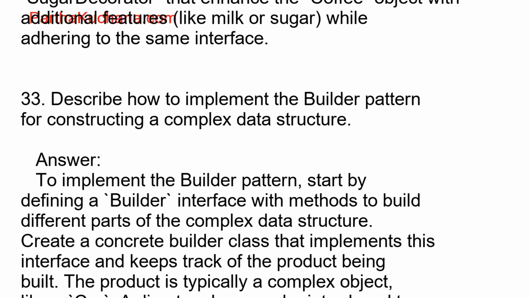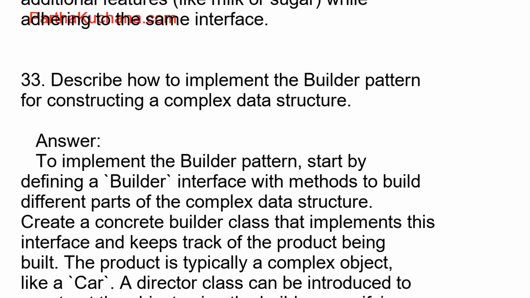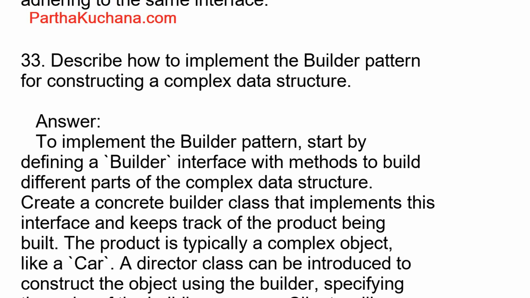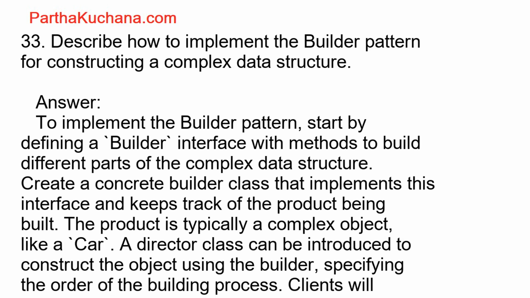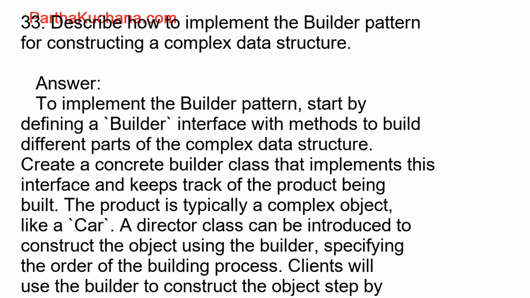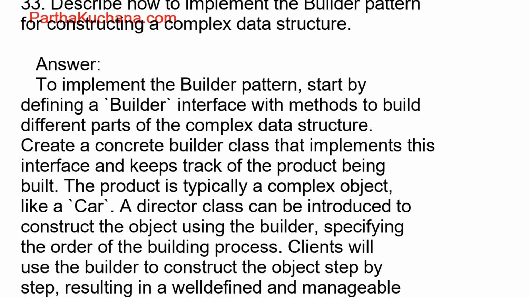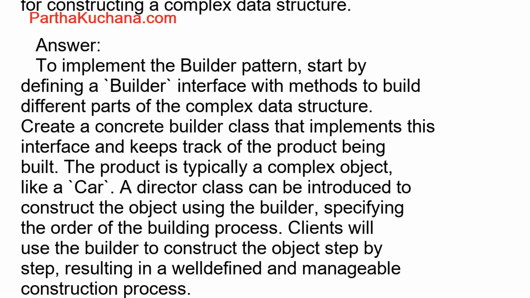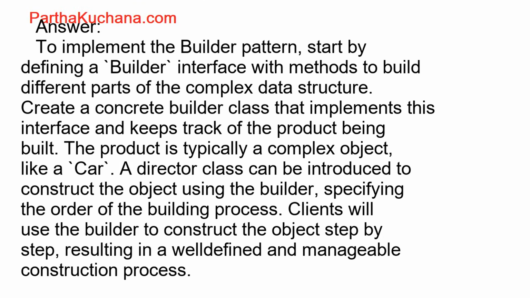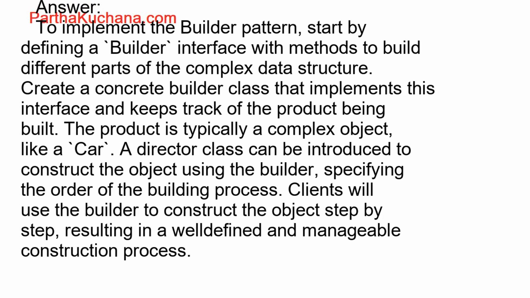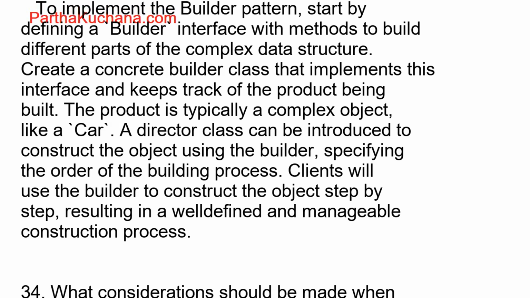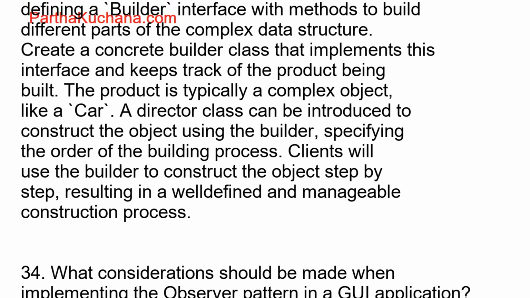34. What considerations should be made when implementing the observer pattern in a GUI application? Answer. When implementing the observer pattern in a GUI application, consider the following. Event management. Ensure that observers can efficiently handle events without causing UI lag. Use debouncing or throttling techniques when necessary. Memory leaks.